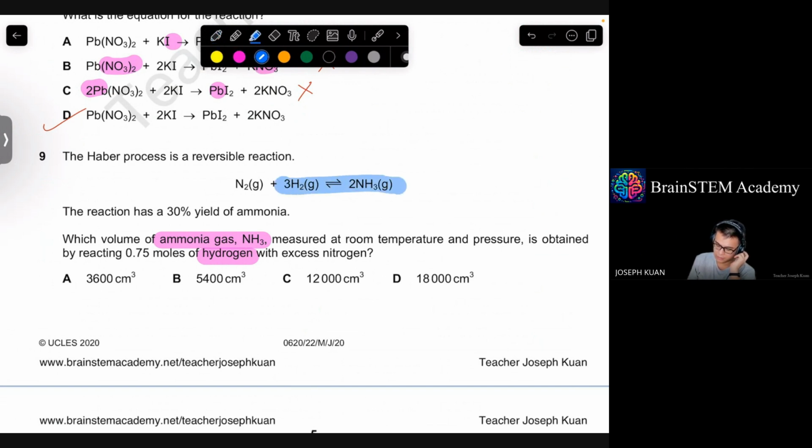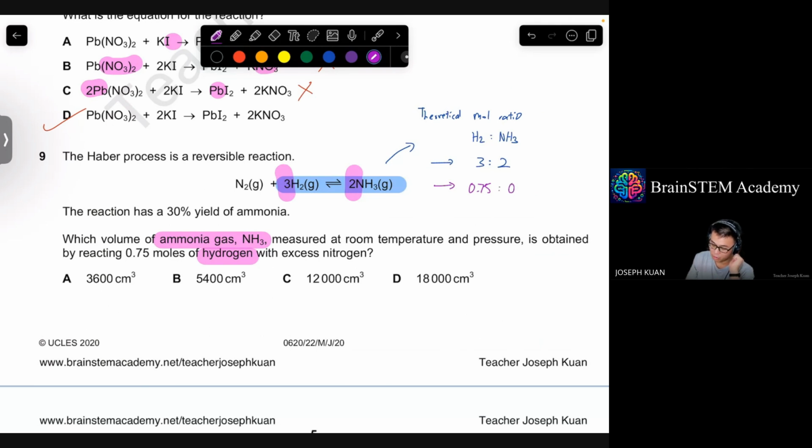Tunnel vision these two parts and see that based on the chemical equation, the recipe itself, it tells you that in theory, the theoretical mole ratio is a 3:2 ratio, right, for hydrogen gas and ammonia, based on the coefficients. Right, and then we just need to find out if in experiments we use 0.75, how much will we get in theory?